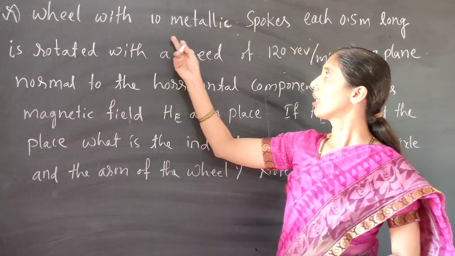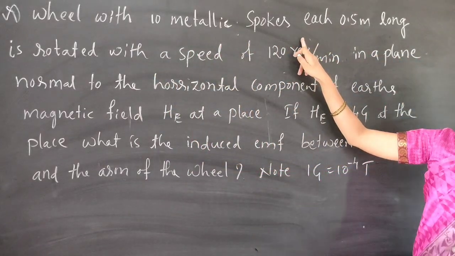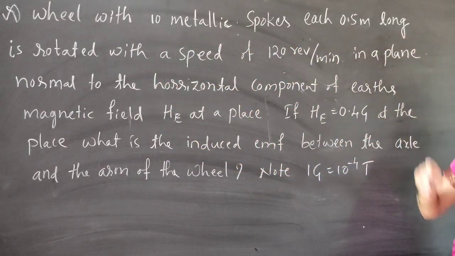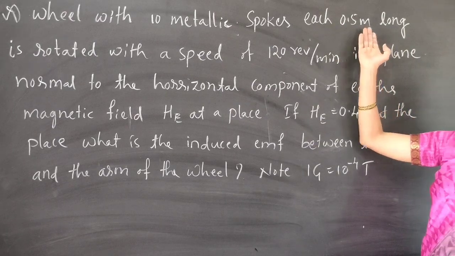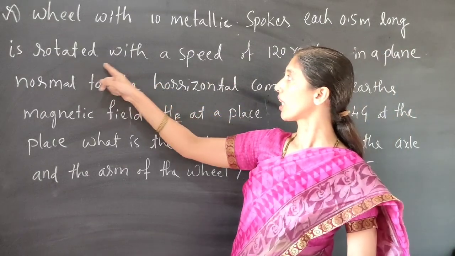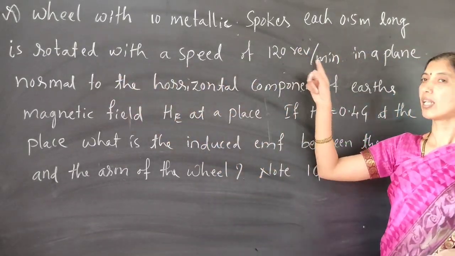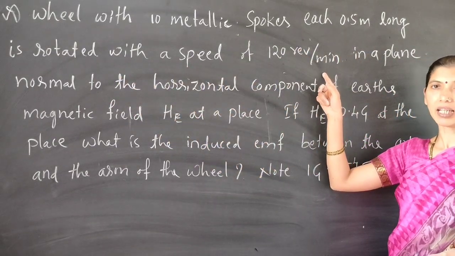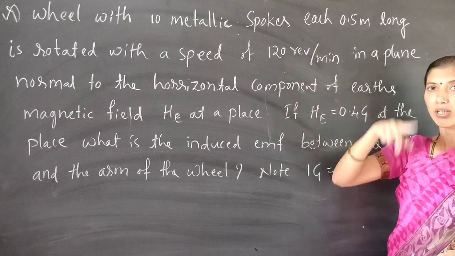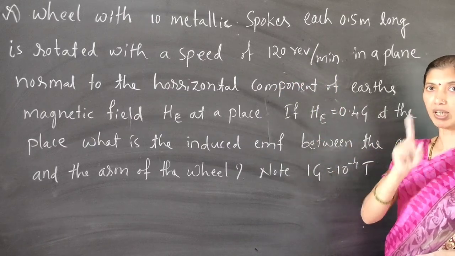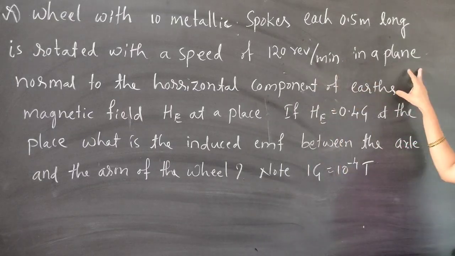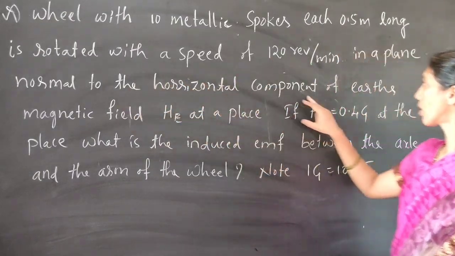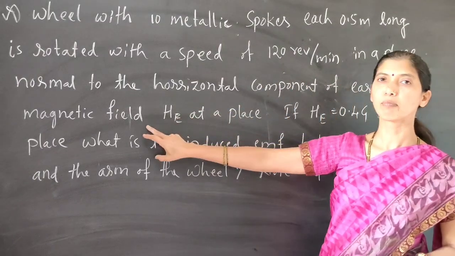Let us solve one problem. A wheel with 10 metallic spokes, each 0.5 meter long, is rotated with a speed of 120 revolutions per minute, not per second, in a plane normal to the horizontal component of the Earth's magnetic field.